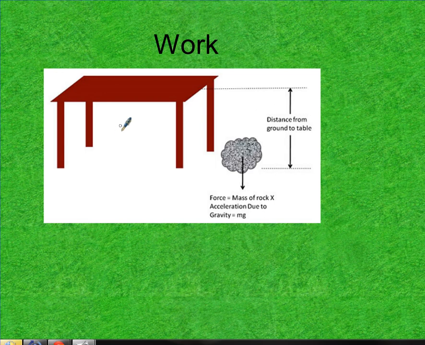Now, let's imagine we have a table and I have a rock. And I've got the force of gravity pulling down on this rock. So I've got Fg is mg. And let's say there's some distance from the ground to the table. Let's look at the work in moving this rock around on this table.